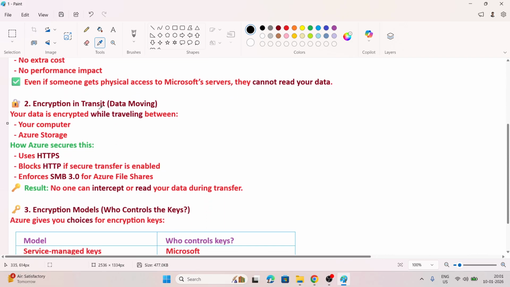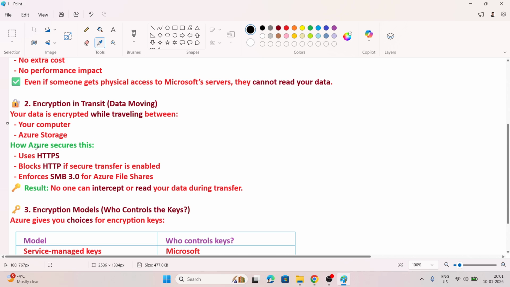Now, encryption in transit. Our data is encrypted while traveling between our computer and our Azure storage. Whenever we transfer the data from our servers or from our computers, we use an HTTPS connection. This means the connection is secure and during transfer the data is also secure.